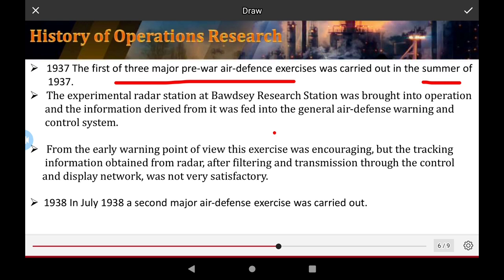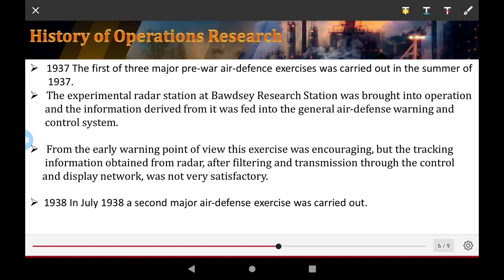Operation research was also used in the experimental radar system, where research stations were brought into operation and the information derived was fed into the warning and control system of the radar.